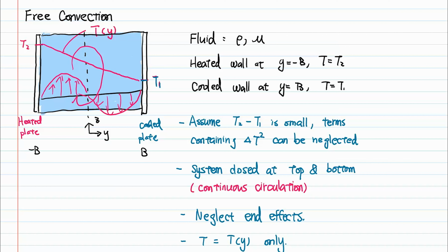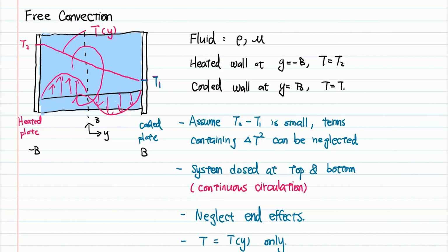So if this is our system, the question is, how do you analyze the temperature gradient and velocity profile? First, we start with the shell balance for the energy flux vector. How do you think the energy is going to flow here?